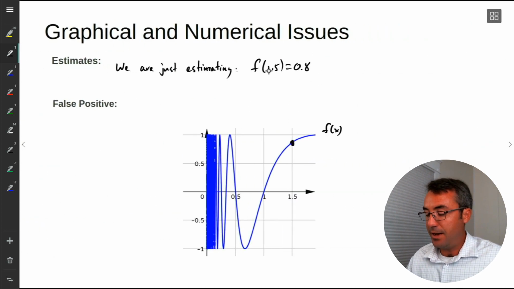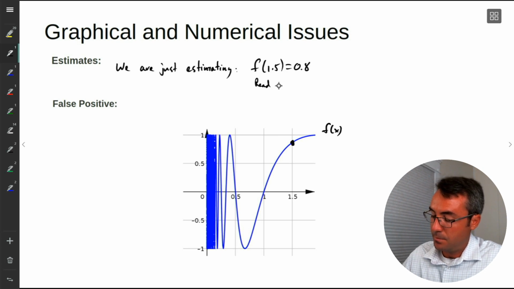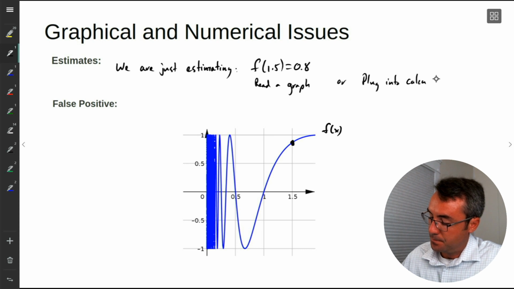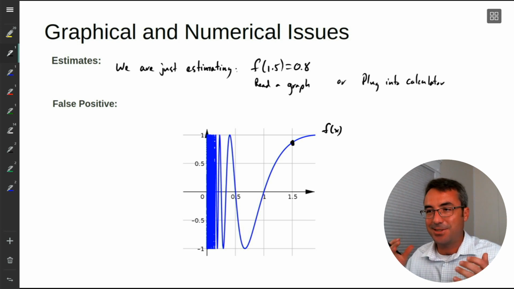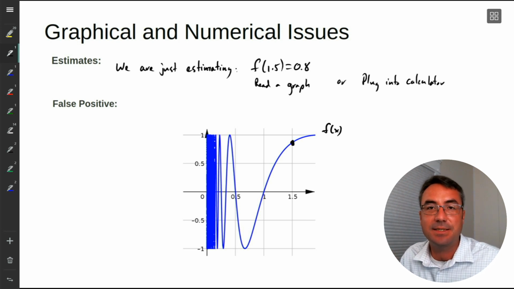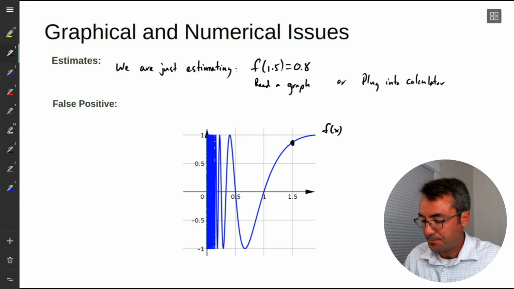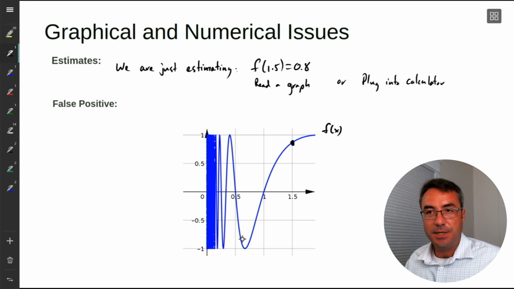So when we read off of a graph, or when we plug into a calculator, we're getting pretty good estimates, but in most cases it's some kind of estimate. It's not the exact value.